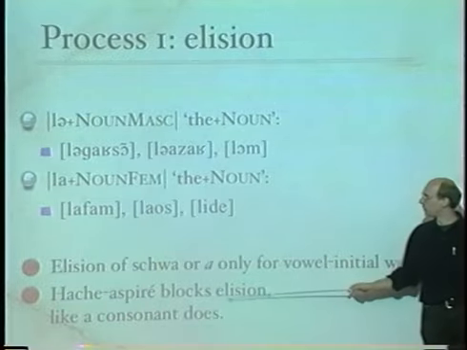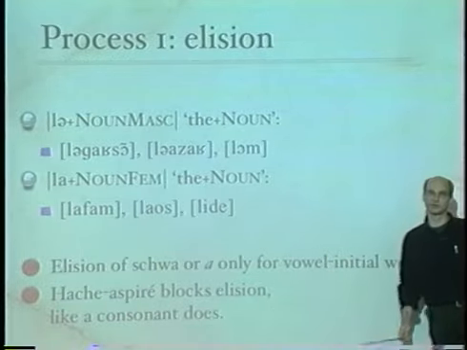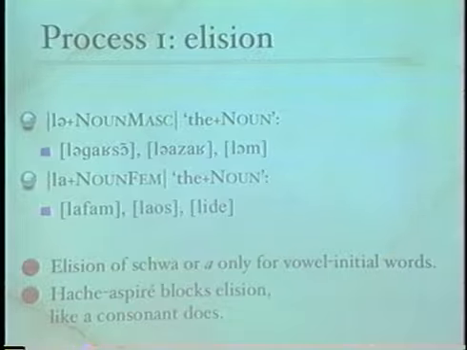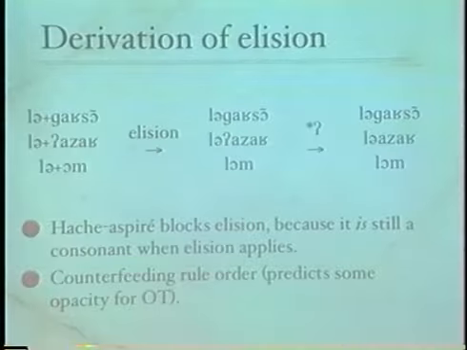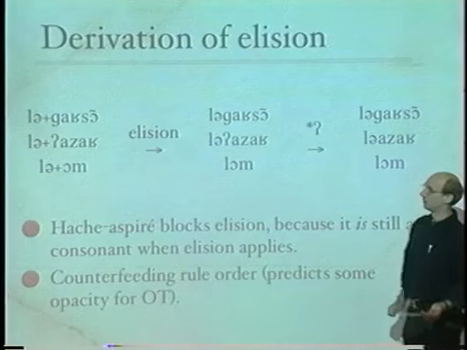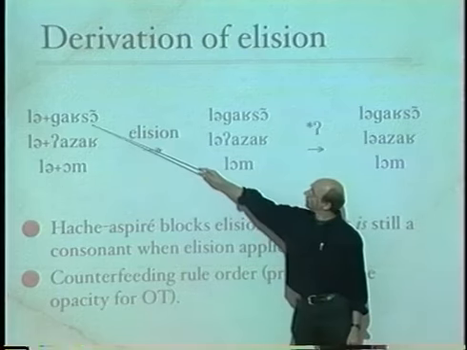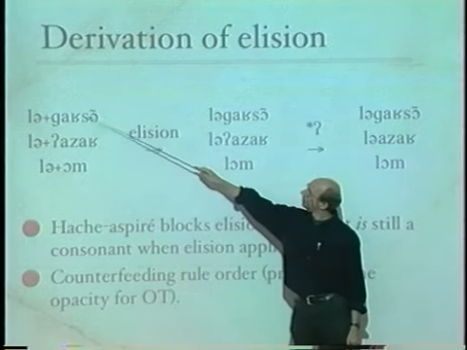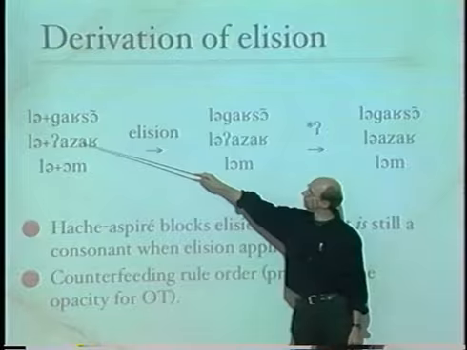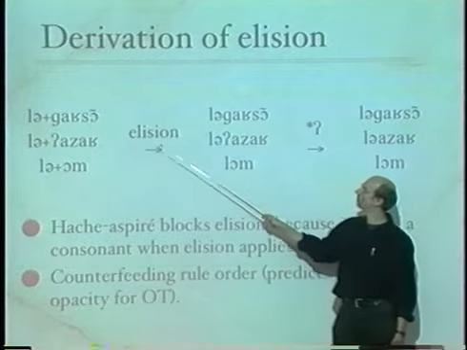Apparently H aspiré blocks this elision like a consonant does, so it acts like a consonant in this case. And indeed, that's the way people have viewed it. So these are the 3 cases: le garçon, le hasard, le homme.